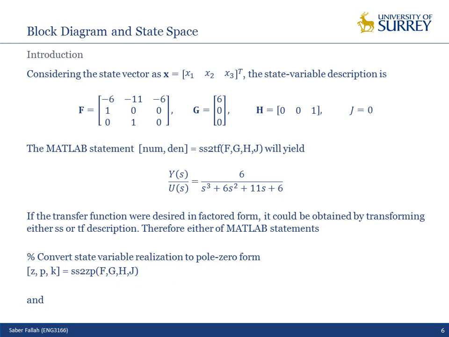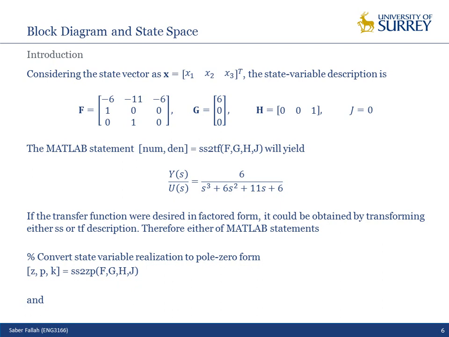So 1, 0, 0, 0, 0, 0, 1, 0. x dot 3 is equal to x2. But x dot 1 is a function of input u as well, which is 6. But x dot 2 and x dot 3 are not functions of u.